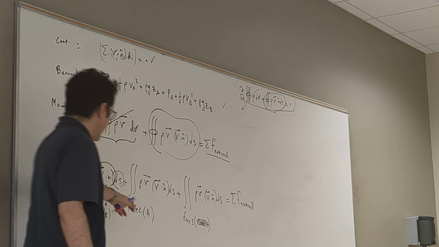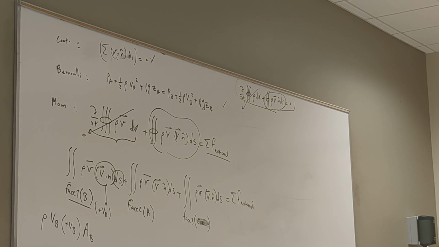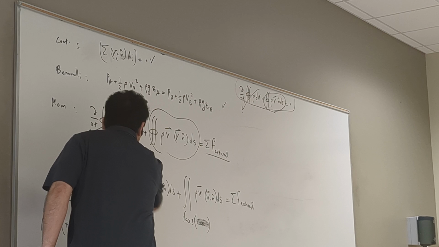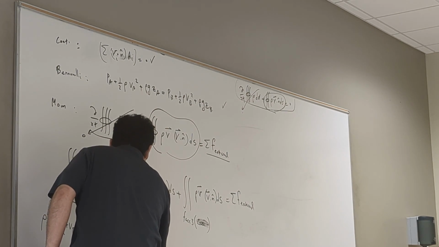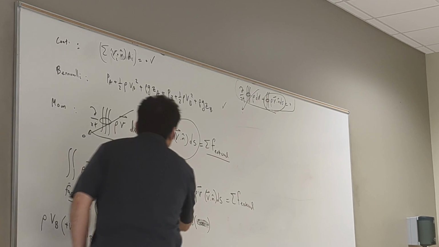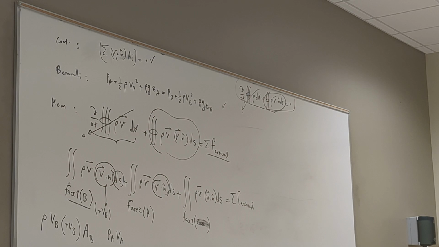You go to the next one. Now do A. Where is A? A is right here. What's the velocity at A? Is it positive or negative? It's positive, going up. So you get rho VA positive. And what about V dot N? Is it positive or negative? It's negative. N is this way, V is this way.